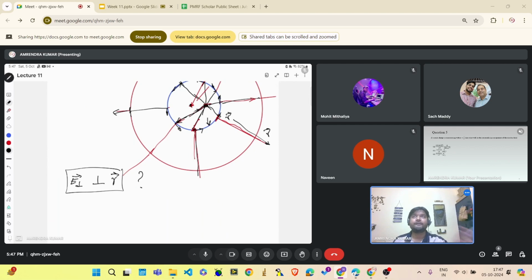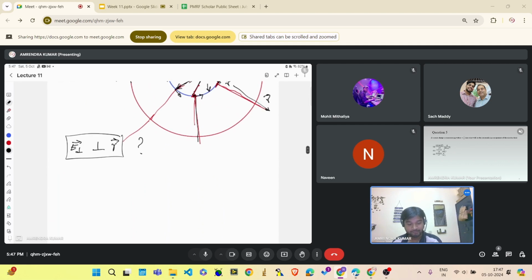So for that, we can just do a simple calculation. If your initial charge was here and travels the distance vt, then what happens?